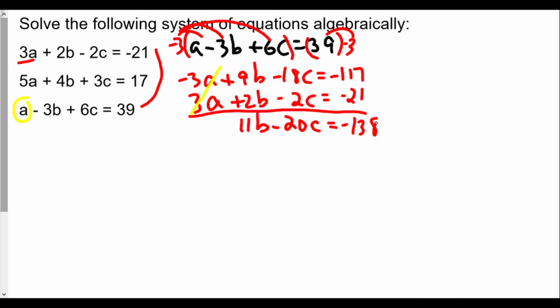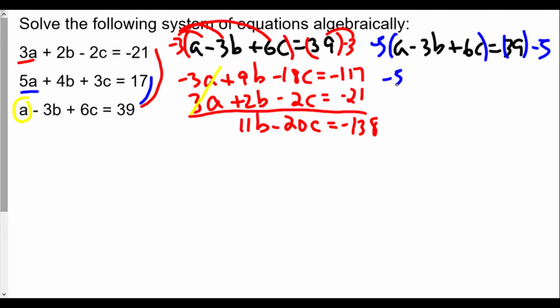We're going to use that third equation again to cancel out the a's between the second and third equations. So again, we rewrite a minus 3b plus 6c is equal to 39. Now we're going to try to cancel out the 5a here. To cancel out the 5a, we need the opposite value, so multiply both sides by -5.